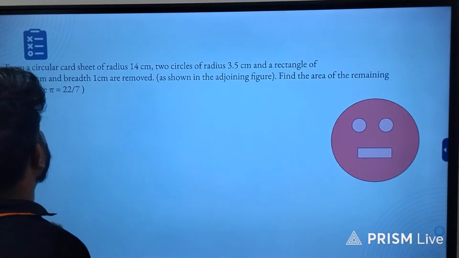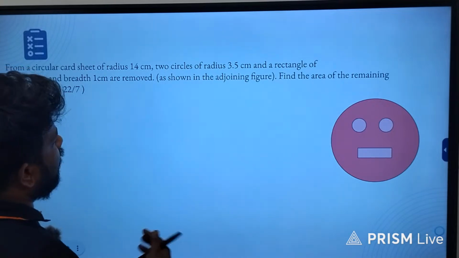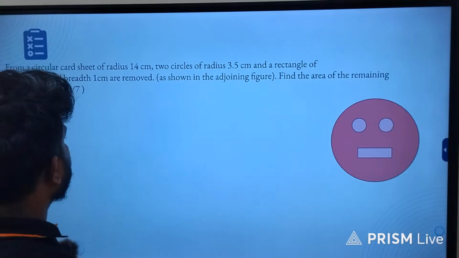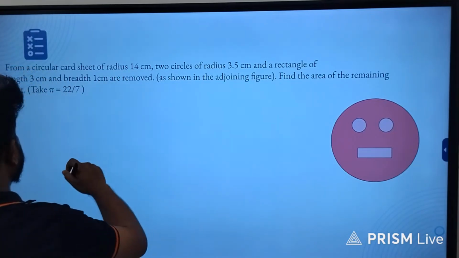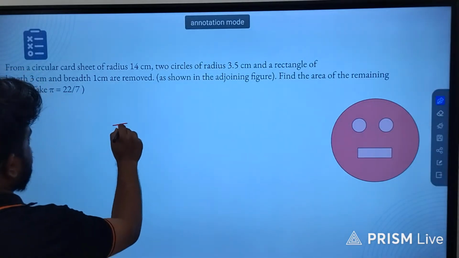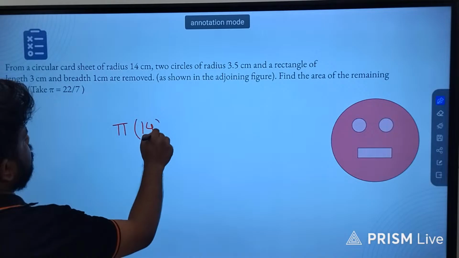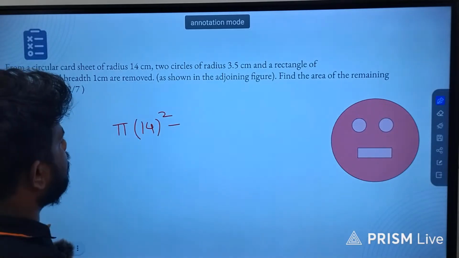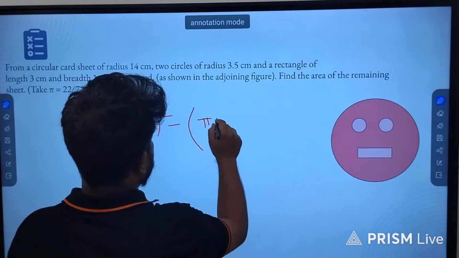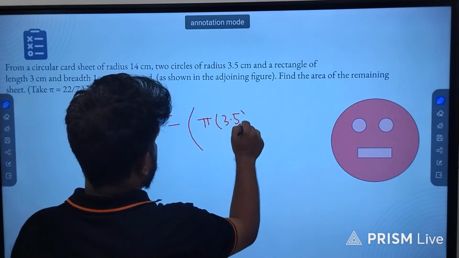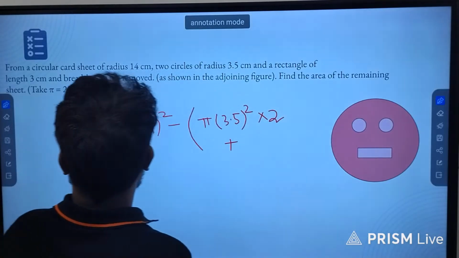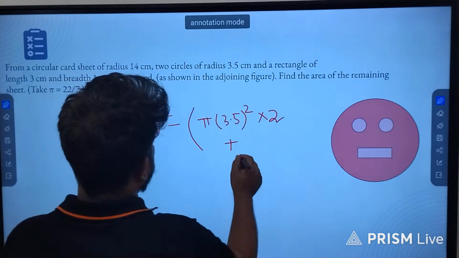So we have to find the area of the first one, that is pi r square, minus again pi r square into 2, plus the rectangle of 3 into 1.